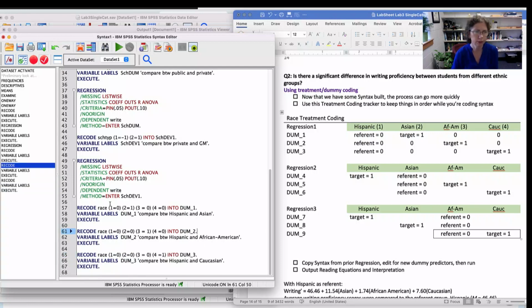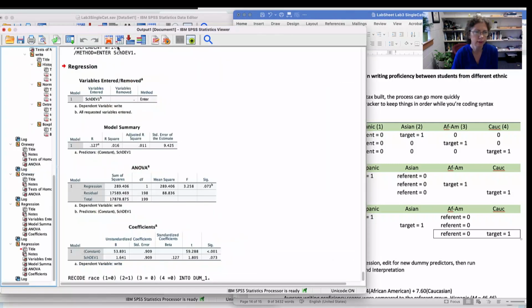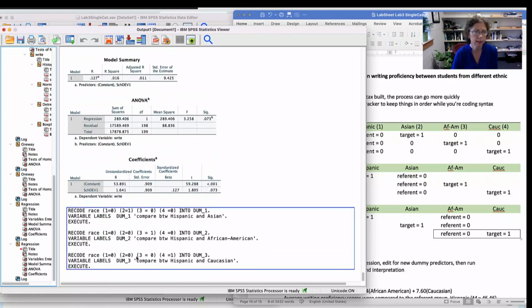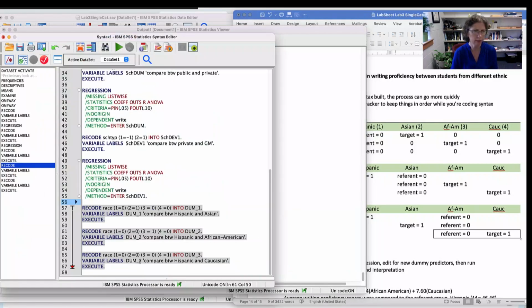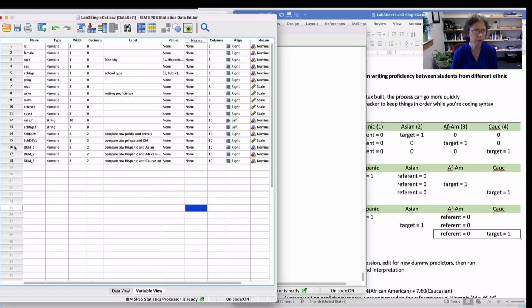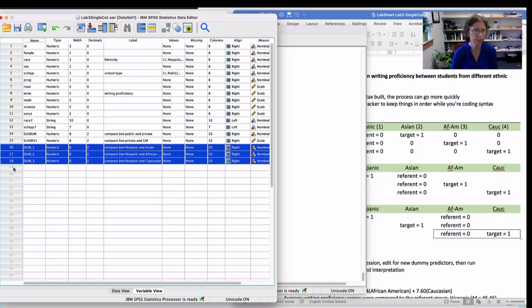There we go. So now I have my dummy codes all ready to roll, and I can select them all and run. And then I see that it's made some new variables. And if I look in the data set, they're right there. So now I'm ready to run the regression.